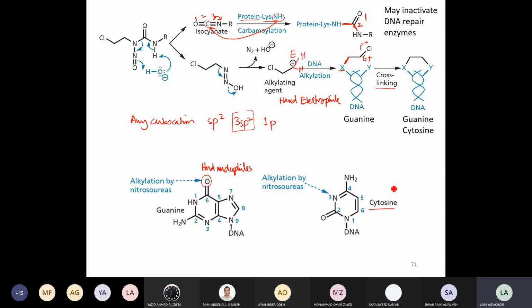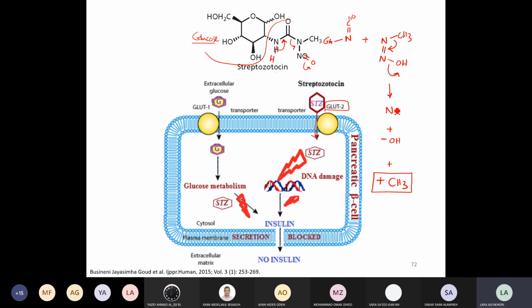In the case of the nitrosoureas lomustine and carmustine, for instance, the chloroethyl group attached to the urea nitrogen means I will eventually have 2 electrophilic sites: the carbocation carbon and the carbon attached to the chlorine. That is why I have cross-linking in DNA. In the case of streptozotocin, applying the same mechanism for its degradation gives CH3 plus, the methyl carbocation, which will only methylate the DNA.